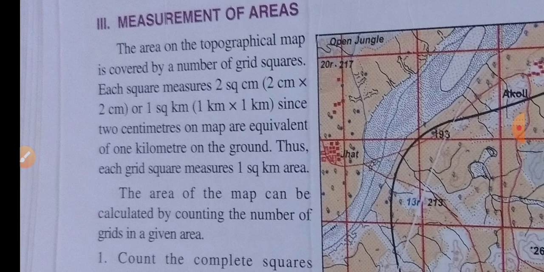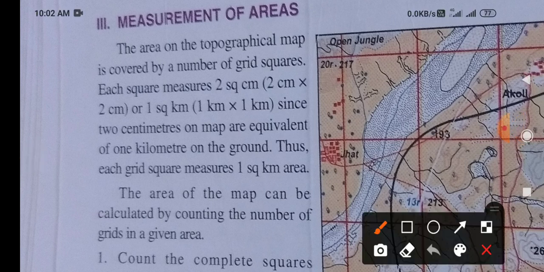Each square measures 2 square centimeter. So here, one square will measure 2 centimeter in this way, 2 centimeter in this way, 2 centimeter in this way, 2 centimeter in this way. So it becomes 2 centimeter into 2 centimeter. It is written here. I think all of you understand.